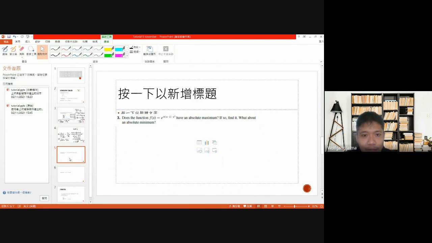Okay, so first we have a function with absolute value. This one. So what I think is the best practice if you have a function with this kind of absolute value is to divide it into two parts.